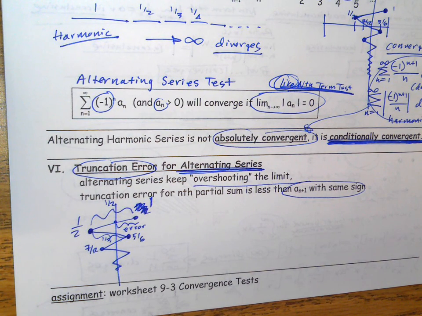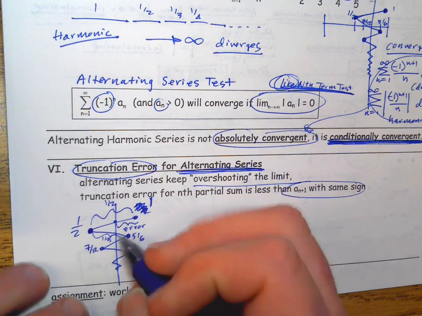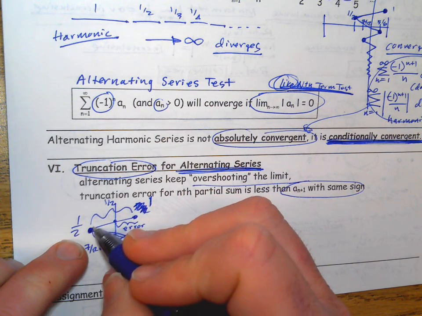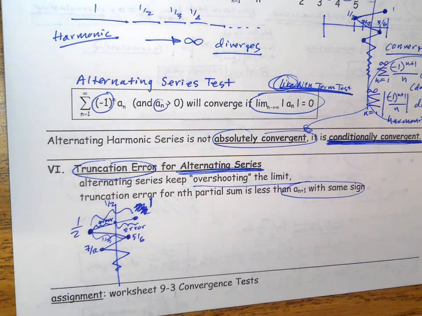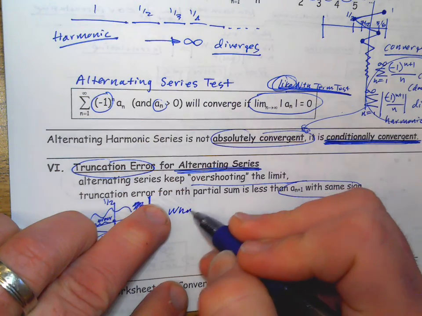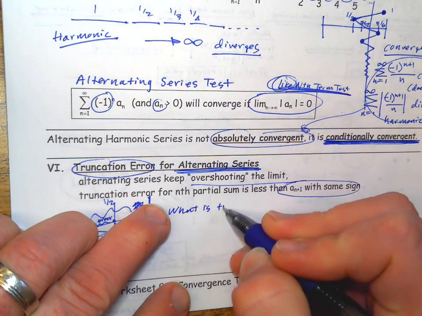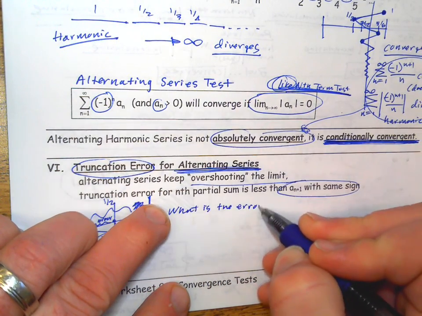And this, if we take this one, this error right here is for sure less than the next term. So what is the error?